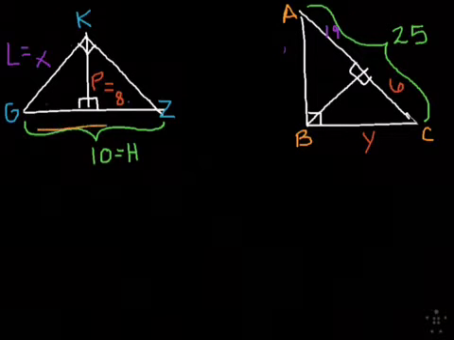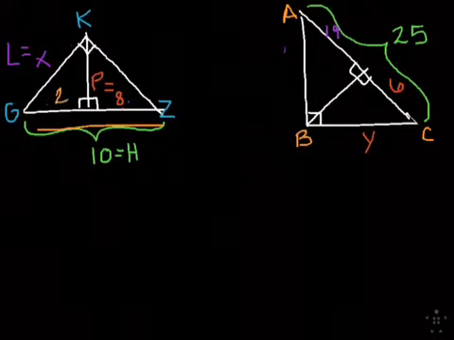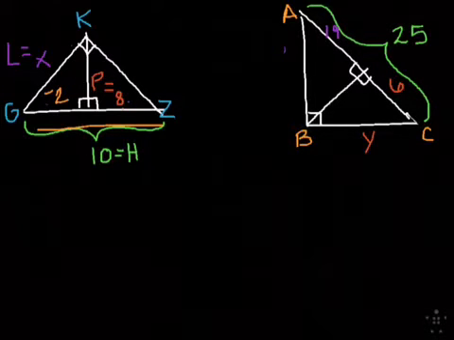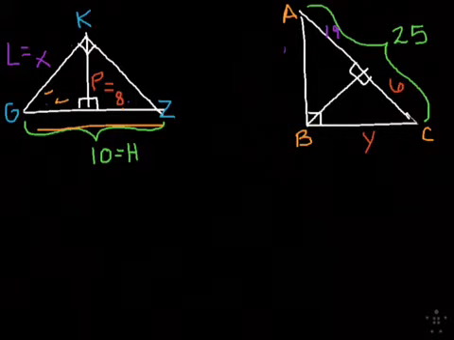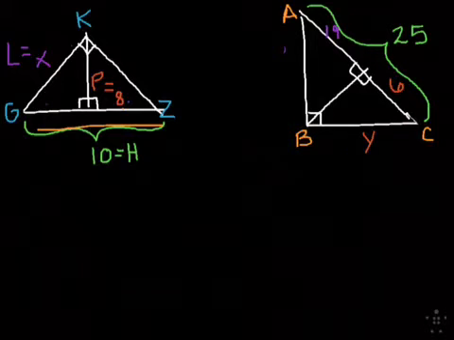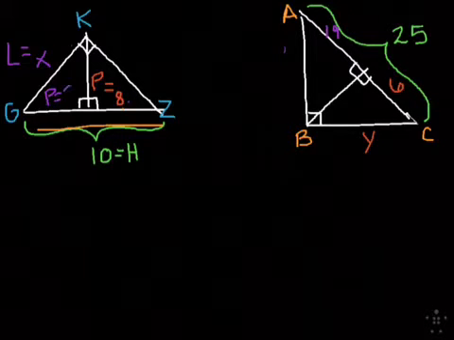Well, if the hypotenuse is 10 and this is 8, that means this part would have to be 2. I'll use purple so they can correspond with the same color. So this part is 2, because 2 plus 8 is 10.